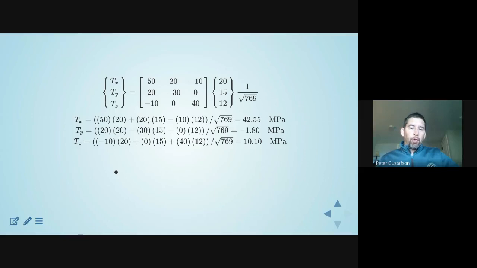So the 1 over square root on the right-hand side just normalizes the length of that normal vector. And so we can compute very directly the traction components, Tx, Ty, and Tz, as 42.55, minus 1.8, and 10.1, all in megapascal units.